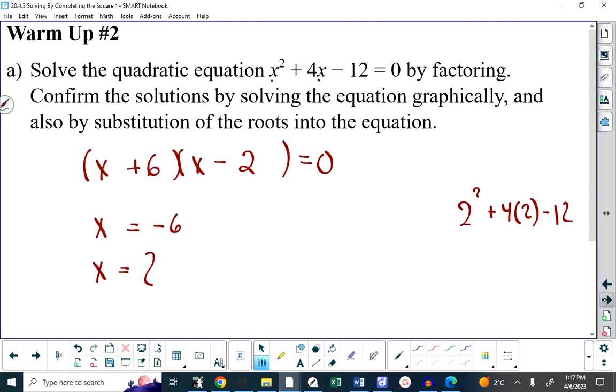Jackpot, it works. If I were to put negative 6 in for x, I end up with 36 minus 24 minus 12 gives me 0. I don't want to spend class time graphing this. If you were to graph y equals this expression, the x-intercepts would be 2 and negative 6. All right?